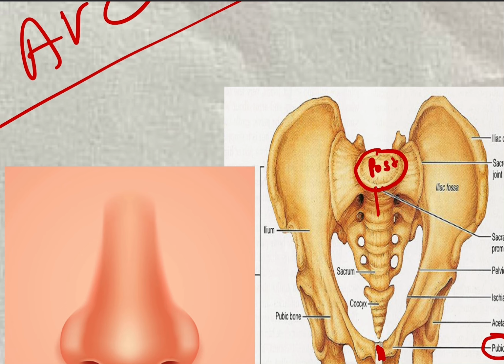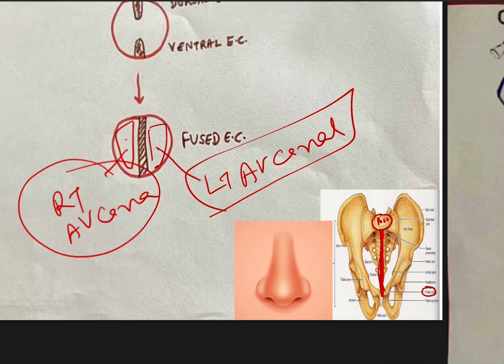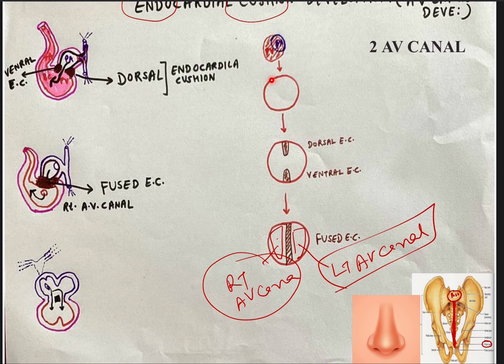If a septum starts developing from the posterior side and anterior side toward each other, and finally they meet each other, they will divide this cavity into two parts. This will become the right canal and this will become the left canal. Same way here, one atrioventricular canal is now divided into two parts, right and left atrioventricular canal.